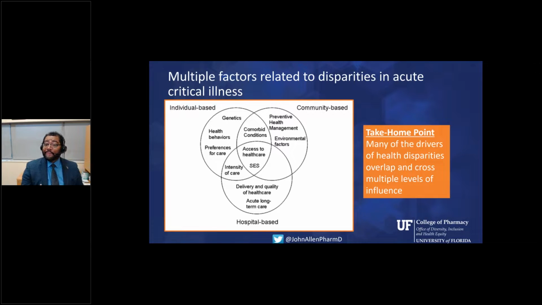And it should be noted that many of the drivers overlap with each other and cross multiple levels of influence. And so there is no one magic bullet that if you fix this, you'll get rid of disparities. It largely is going to take a multimodal effort to achieve this.